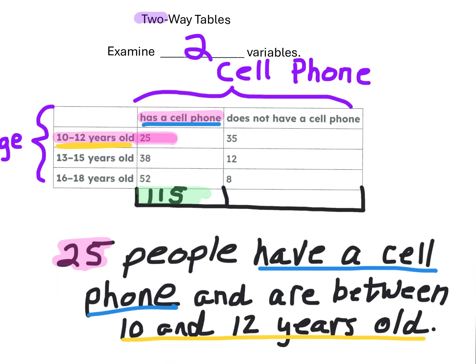Then if I add together the number of people who do not have a cell phone, I got a total of 55. So if I add together the people who have a cell phone and do not have a cell phone, I arrive at my total number of participants, which is 170.